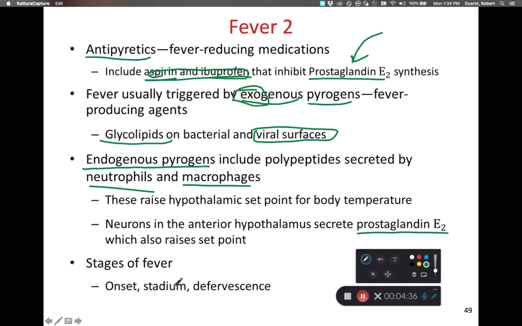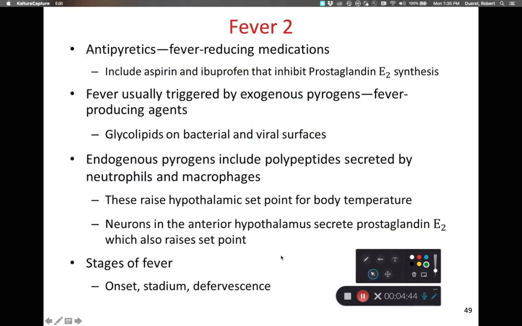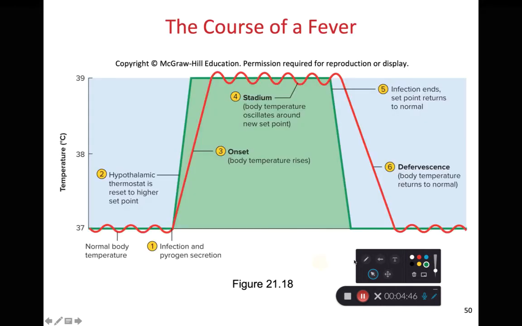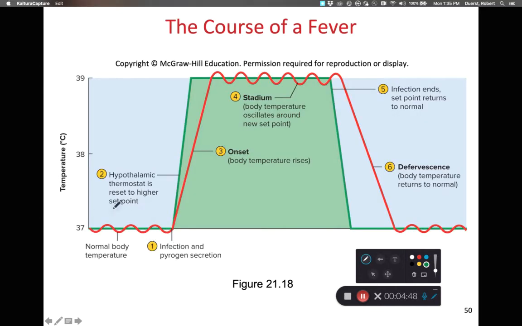As we look at fever, we can break it up into 3 stages: onset, stadium, and defervescence. We'll talk about those 3 stages in just a second. So here we have stage 1, onset. Onset is when the body temperature is going to increase.